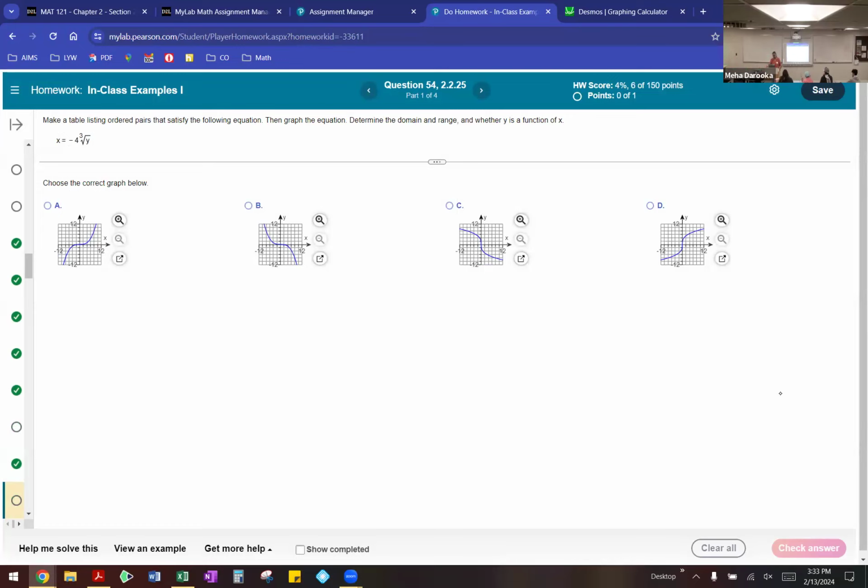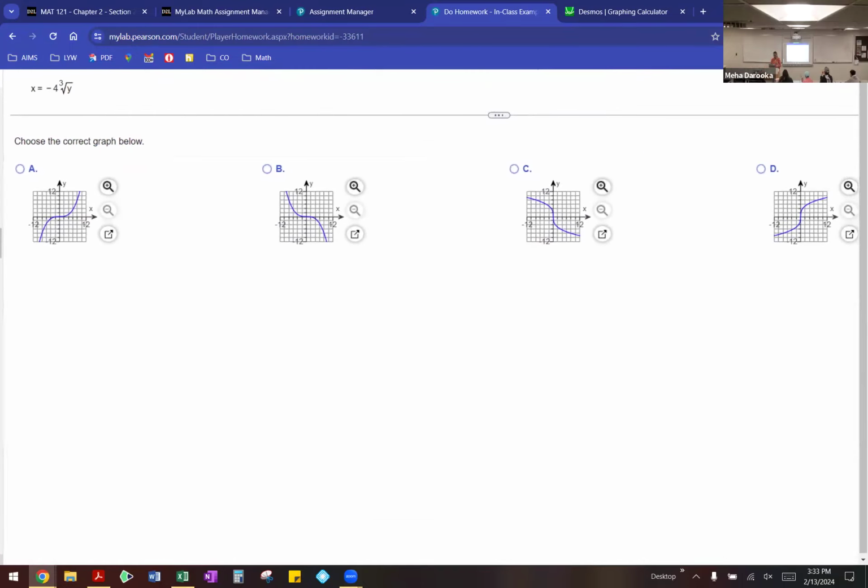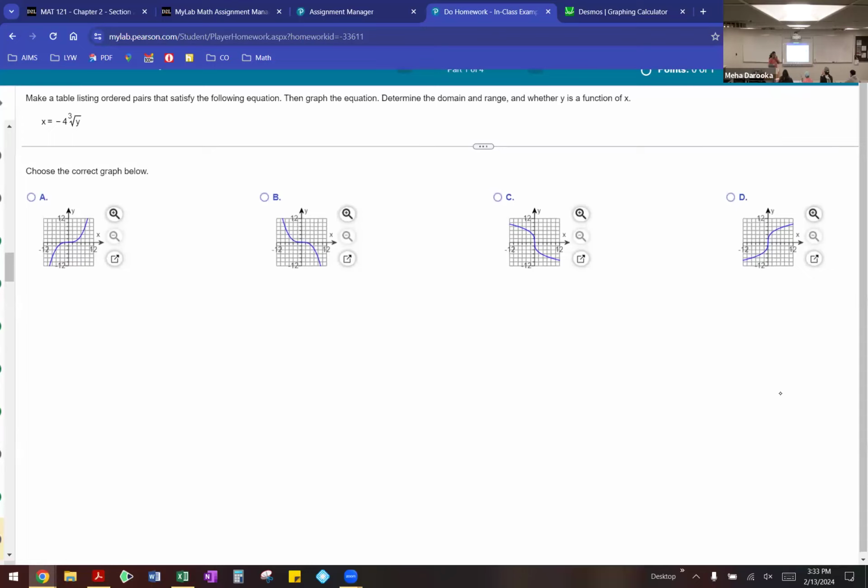Okay, so similar example, except they're not asking you to do the table and they're not asking you to actually draw the graph. They're asking you to select the right graph. Your function is x equals -4 cube root of y.